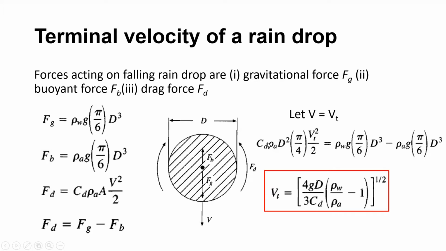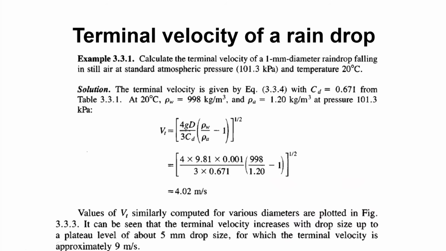There have been a lot of experiments with different shapes and different diameters, so CD values are already determined. In this equation, everything is known except Vt. So Vt is given by the square root of 4gd divided by 3CD, into 4 rho w by rho m minus 1.